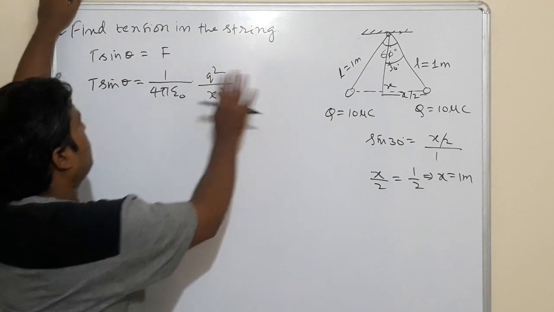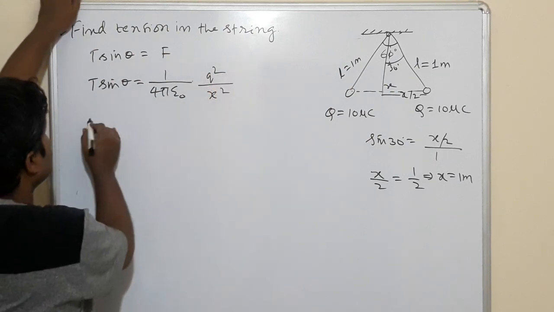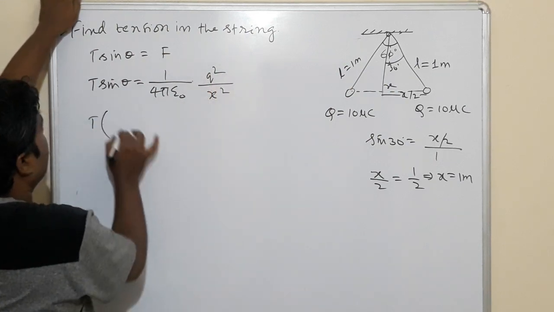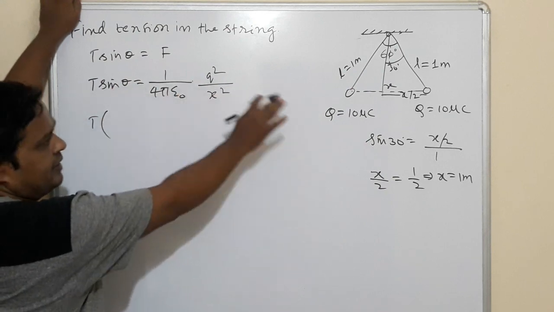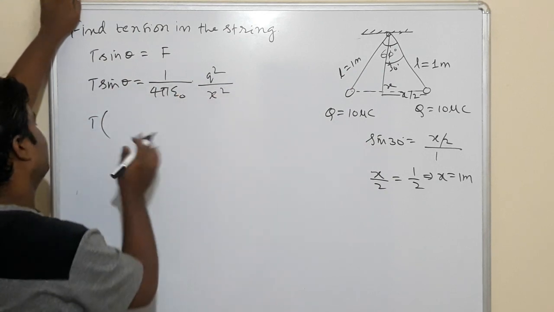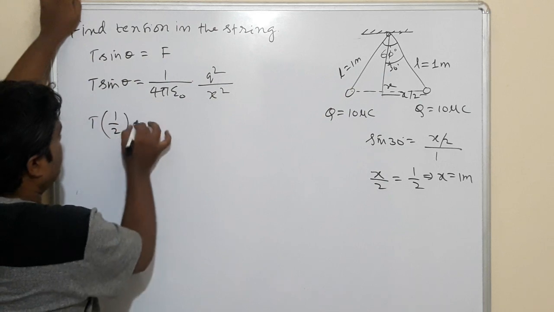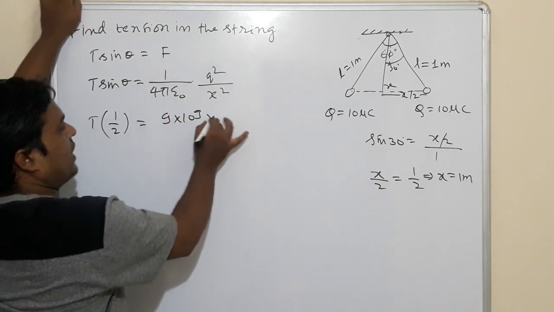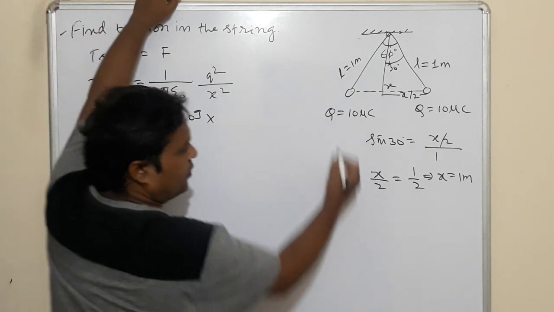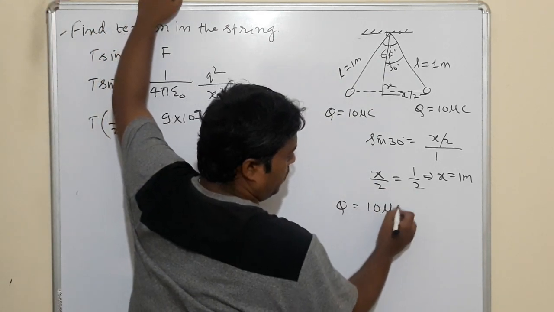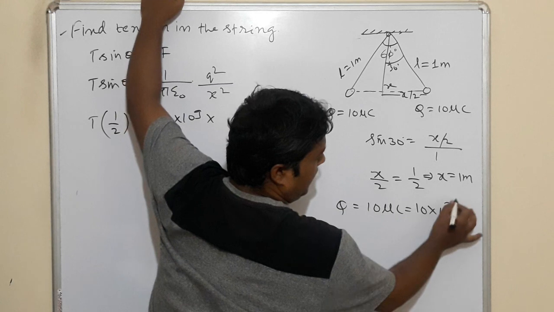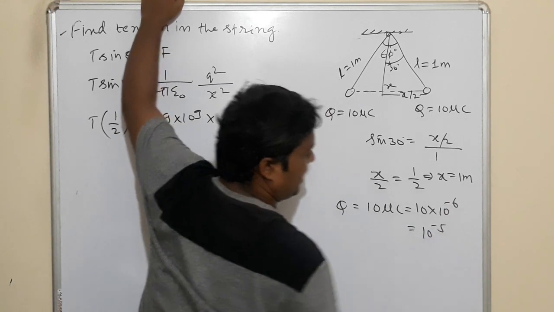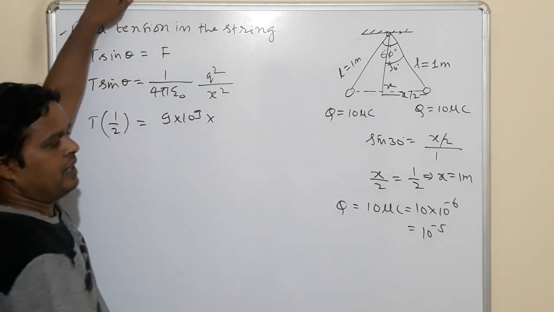Then once you find the value of x, it is very easy to find the value of force. This is T, and sin theta is sin 30, which is half, equal to 1 by 4 pi epsilon naught, which is 9 into 10 raised to 9, times q square. Q is equal to 10 microcoulombs, which is 10 into 10 raised to minus 6, that is 10 raised to minus 5.